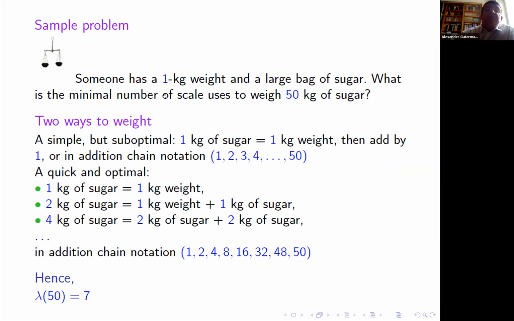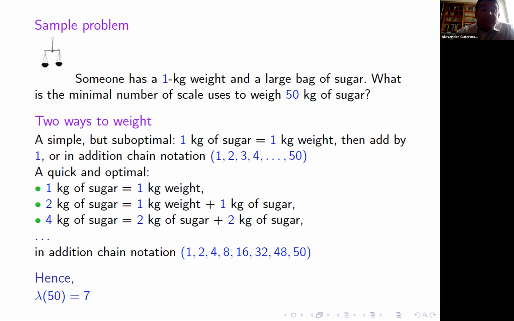Certainly, what you could do is always compare a certain amount of, say, sugar with the 1 kilogram weight and add it to the quantity you measure, but this is suboptimal.